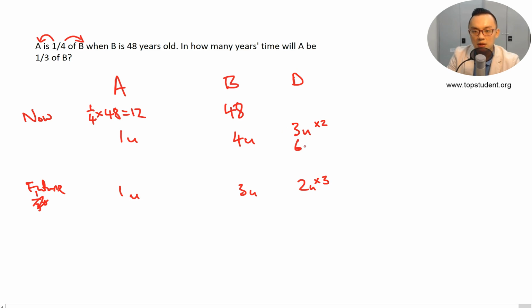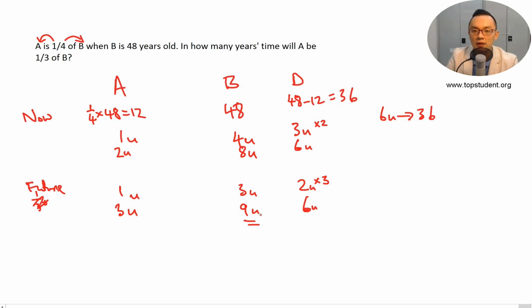So times 2 is 6u, 8u, 2u, times 3 is 6u, 9u, and 3u. Now I know my 6 units is actually 48 minus 12. So 48 minus 12 equals 36.